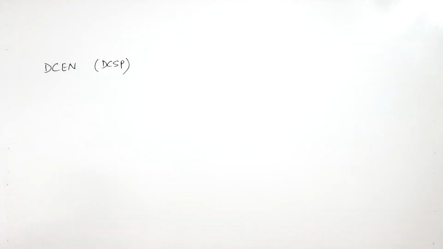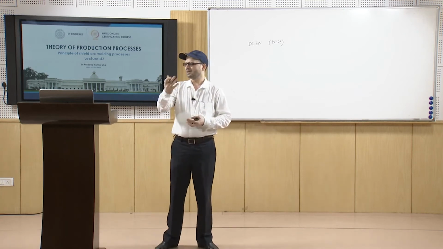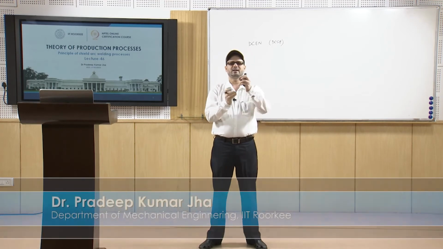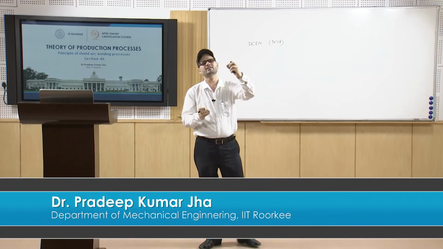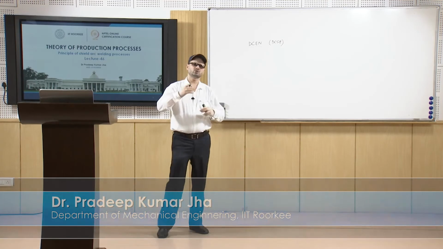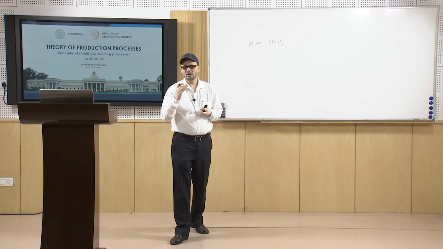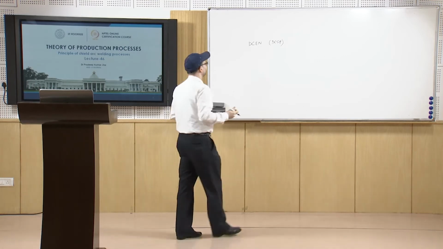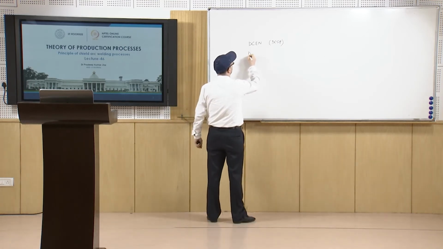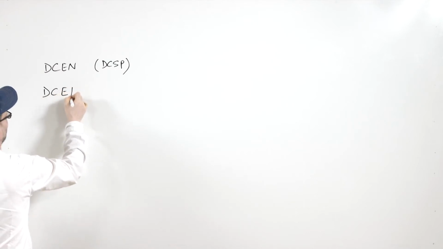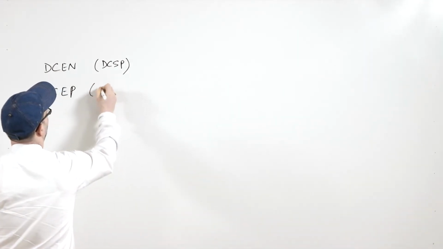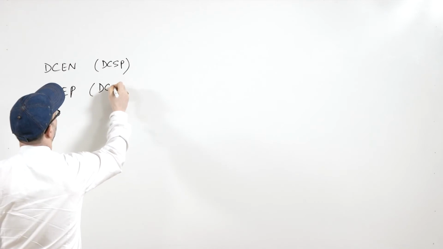Now, if you change this direction, like you make the electrode the positive terminal and the work the negative terminal, in that case it is DCEP, that is direct current electrode positive, also known as direct current reverse polarity.